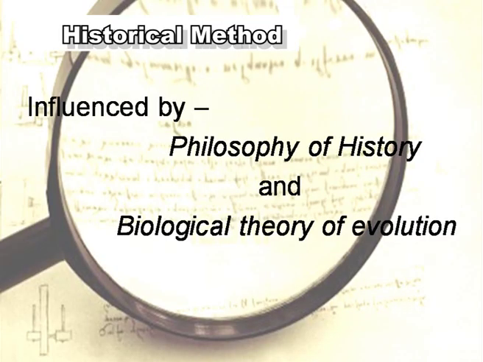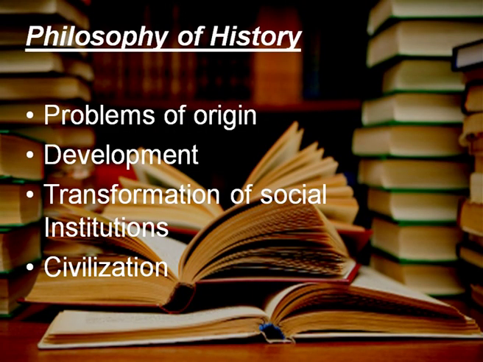Historical sociology is influenced by 2 important disciplines. One is philosophy of history and the other one is biological theory of evolution. Philosophy of history studies the problem of origin, development, transformation of social institutions and also civilizations.